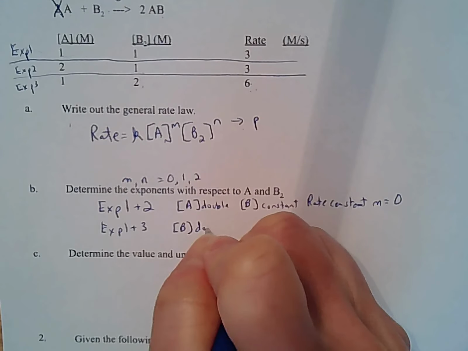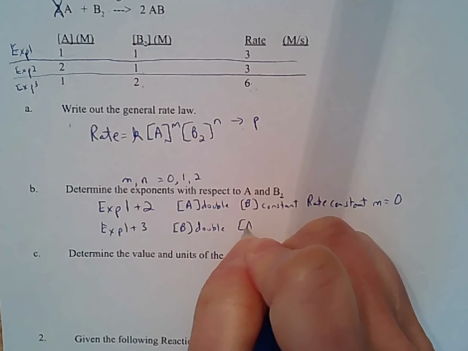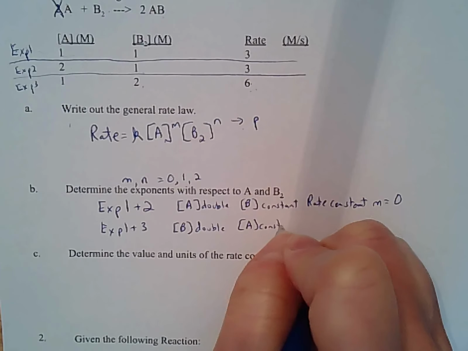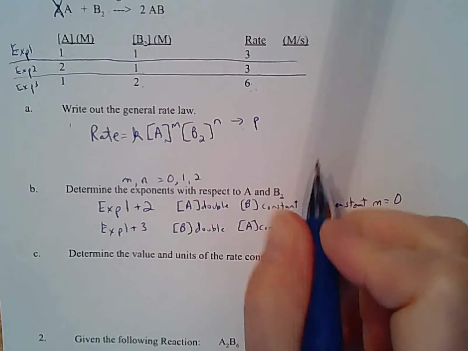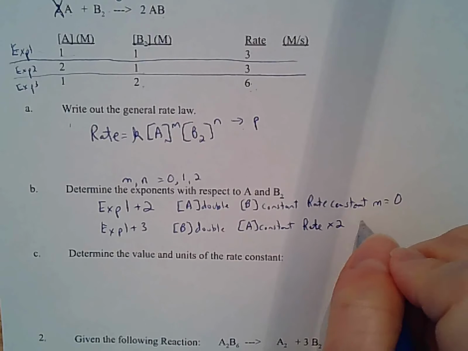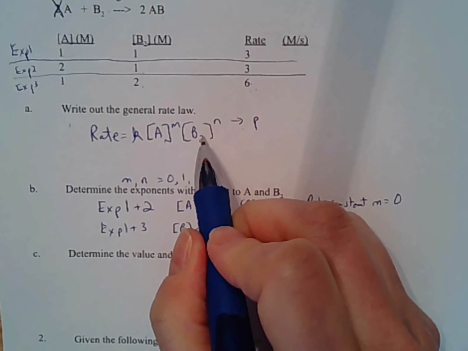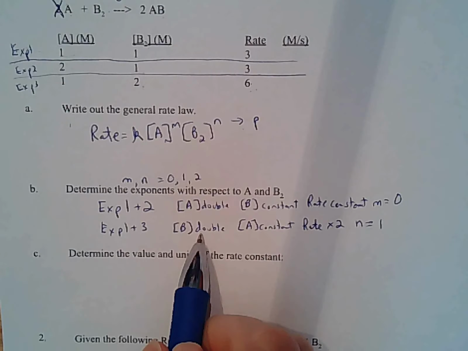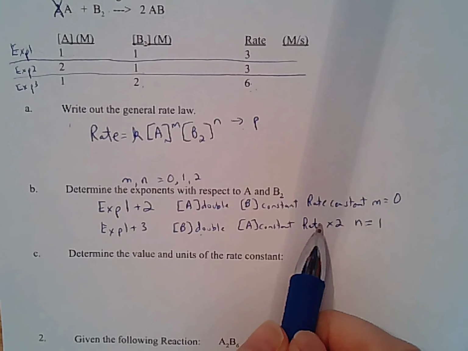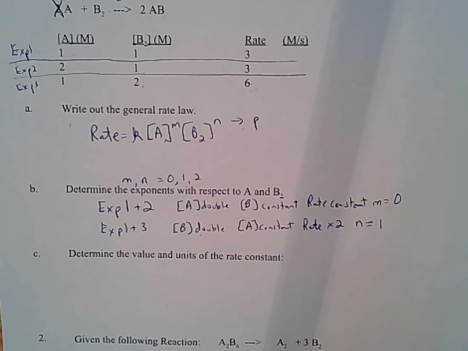Write down B doubles, A is constant, and then you could say rate times 2 is what you see happening to the rate. So N, which is what B2 is, has to be a first order reaction because I doubled the B, the rate went up by a factor of 2, so that is a first order reaction.